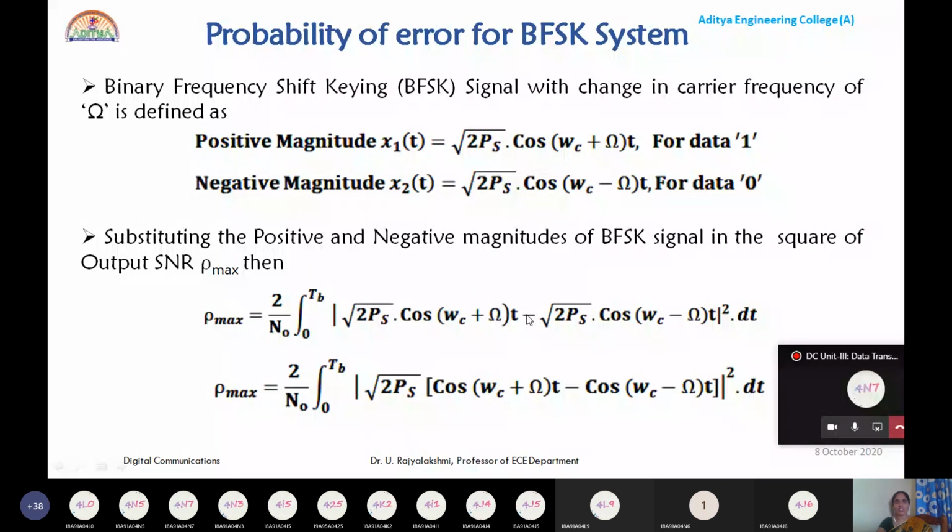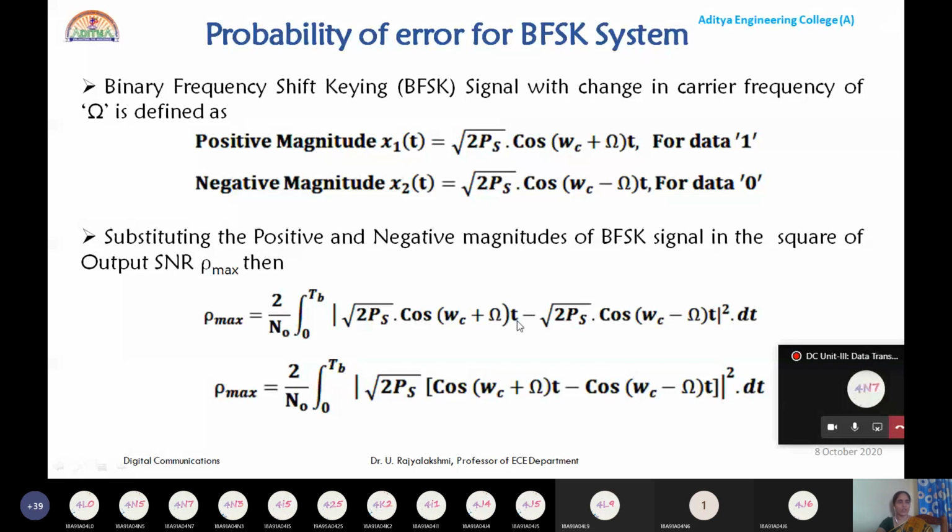Because x1 of t minus x2 of t. Here this is x2 of t. So I substituted x1 of t and x2 of t, where x1 of t is the BFSK signal for data bit 0 and x2 of t is the BFSK signal for the decrease in the carrier frequency for data 0.